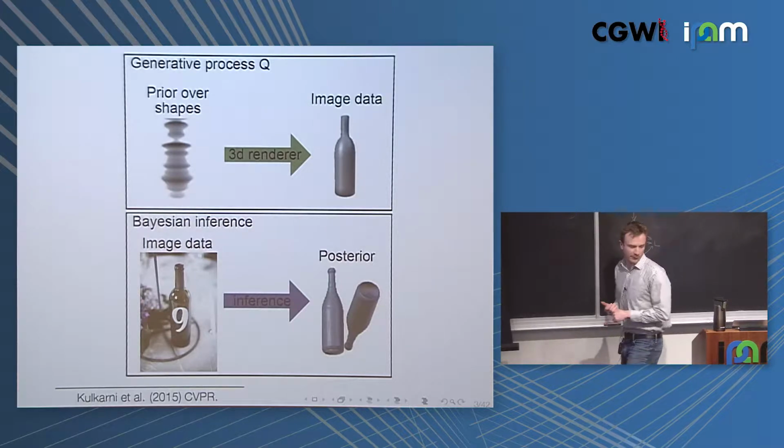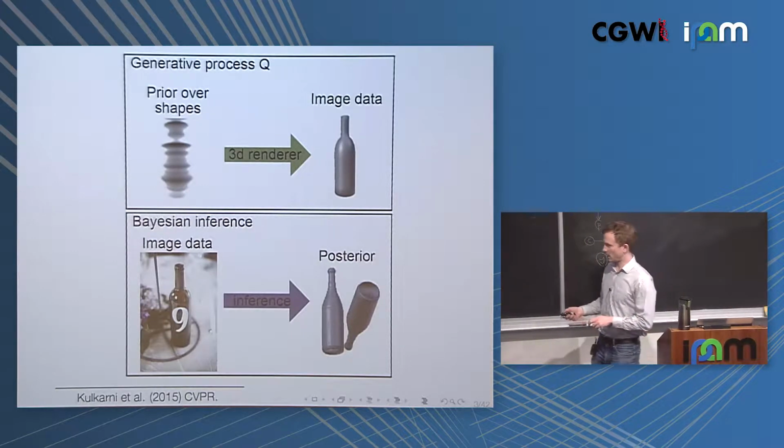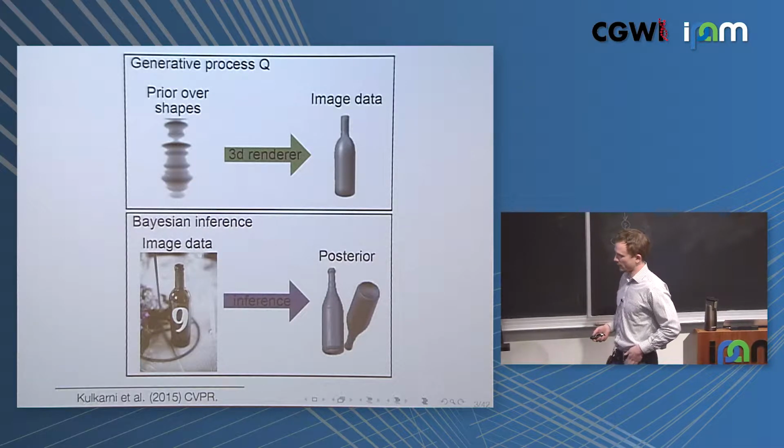This is an example from CVPR, which is one of the big computer vision conferences a couple of years ago, where this group from MIT, the generative process they're using is sampling from a distribution over three-dimensional shapes.